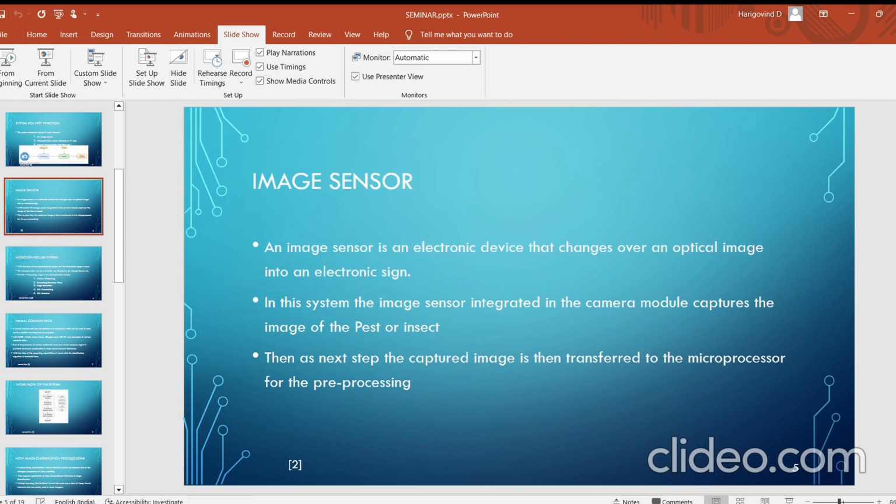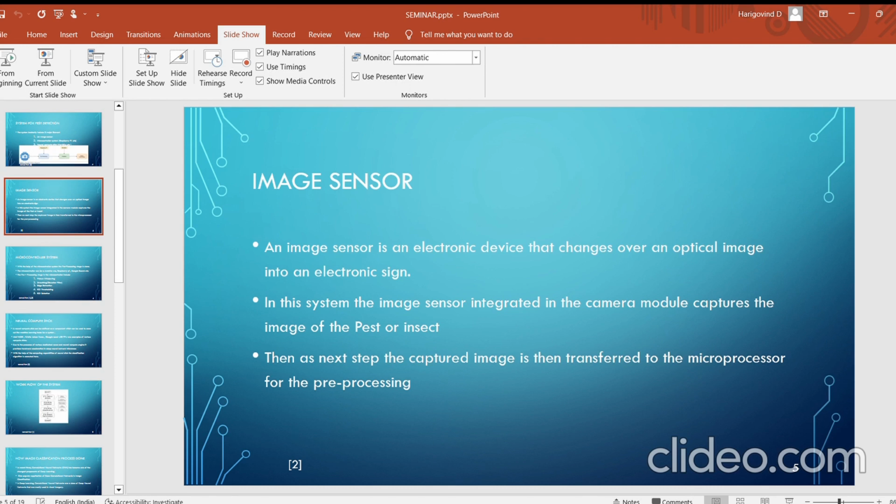As I said earlier, the image sensor is a major component in this system. The image sensor is integrated into the system to capture images of pests and insects. It comes as an integrated module with the system, and without this module we cannot do any of the further processes.